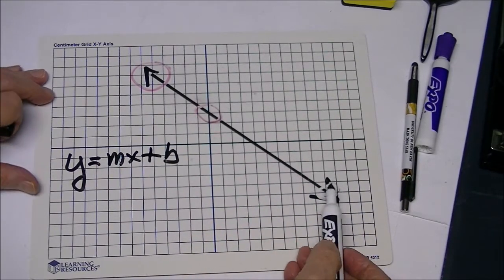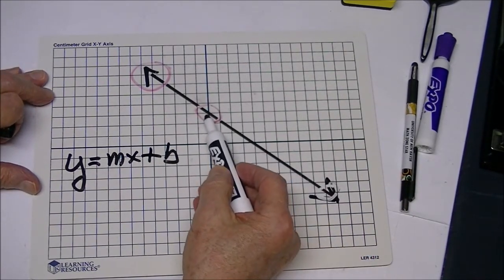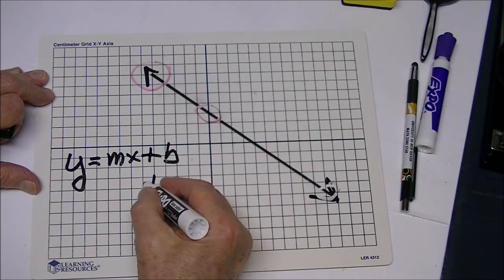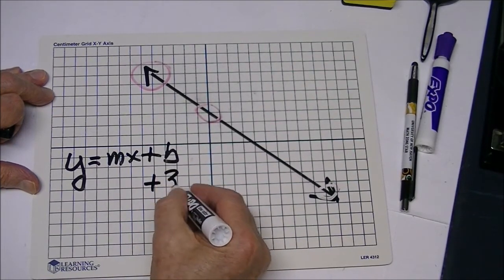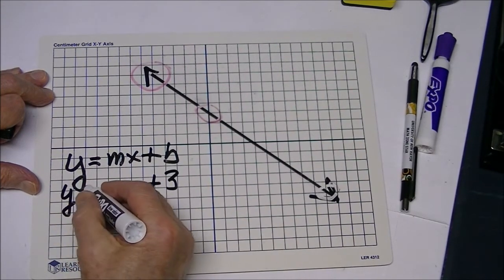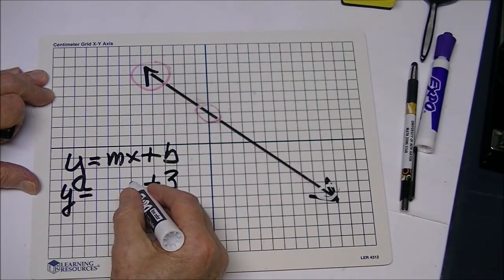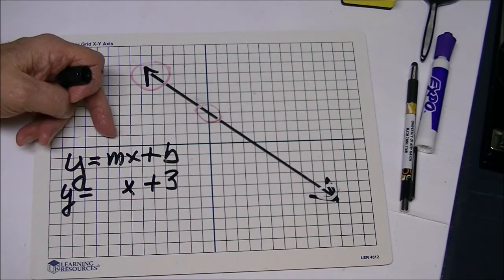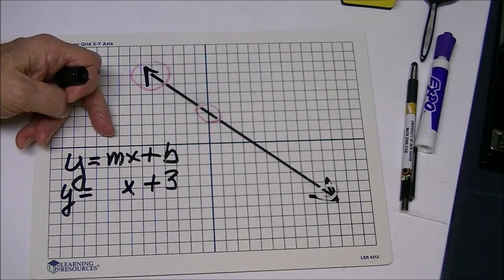Well, we know our y-intercept, where it crosses the y-axis, is at 3. So we know this is going to be a 3. Now we need to figure out what the slope is.